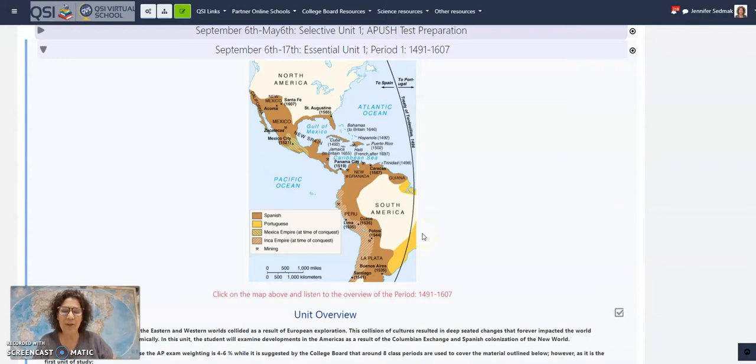So if you are familiar with Brazil today, you know that the language spoken there is Portuguese, and Brazil was the main colony for the Portuguese in the Americas. You can see that most of the rest was colonized by Spain, and then of course later the British and the French.